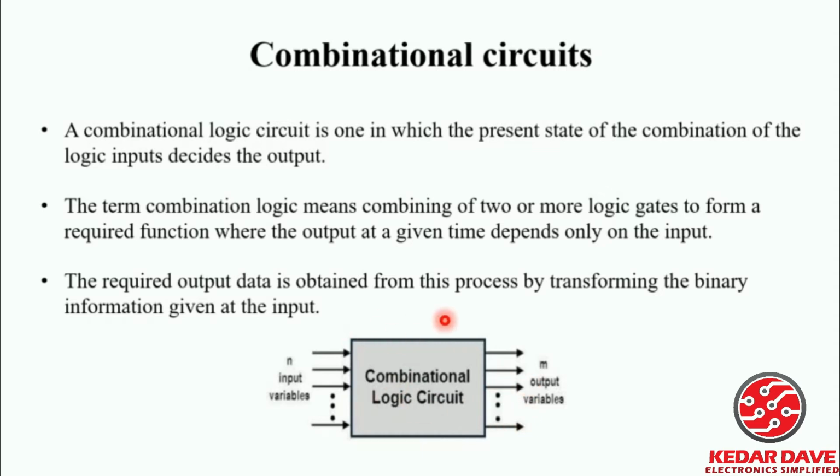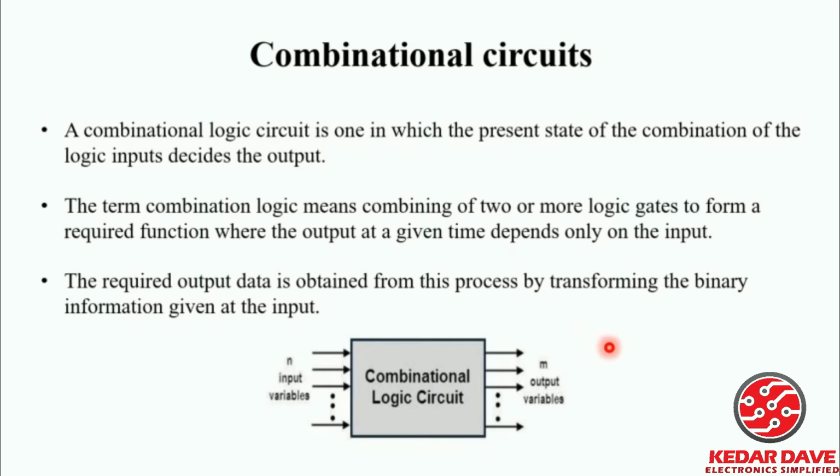So that is called the combinational circuits, and whichever circuits depend on the previous outputs, that is, are dependent on the previous output, that kind of circuits will be called sequential circuits, which we will see when we come to that topic.